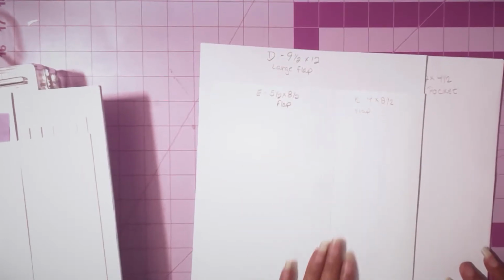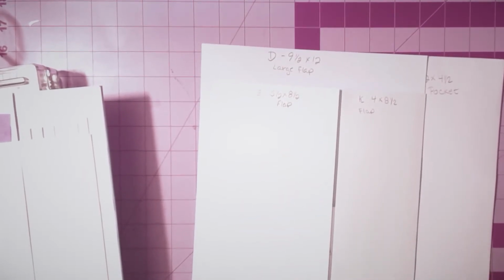And we will put it with this, I guess. Okay, I'm just going to go ahead and put it with the templates so I don't lose it. Now we're going to do L.